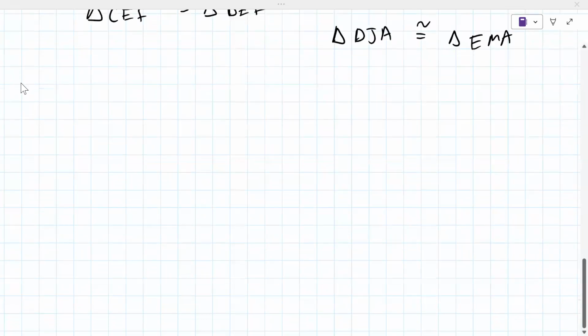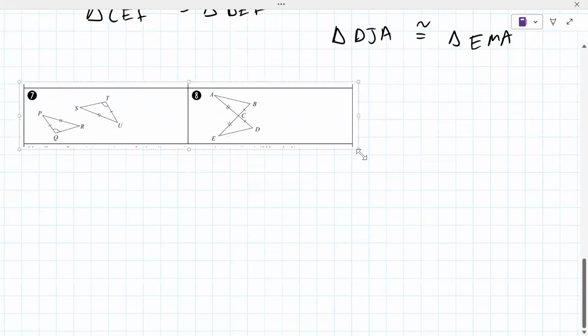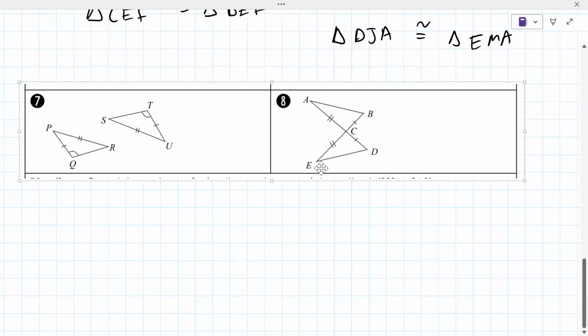All right, 7 and 8. I don't think these are possible for number seven. They're not connected. I agree.